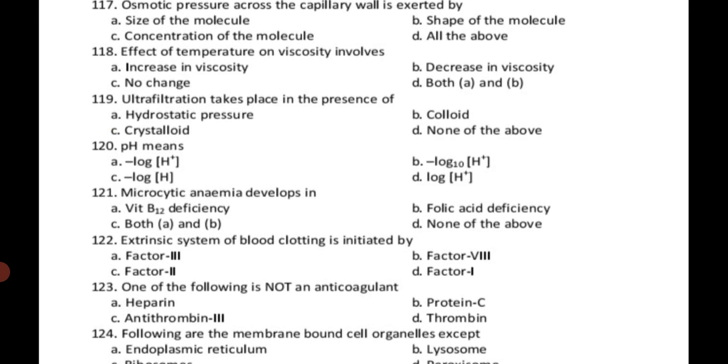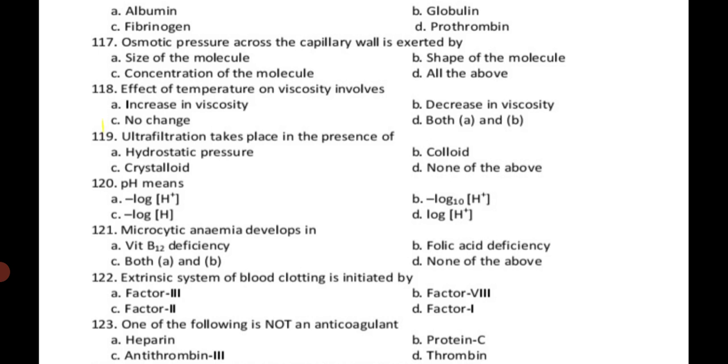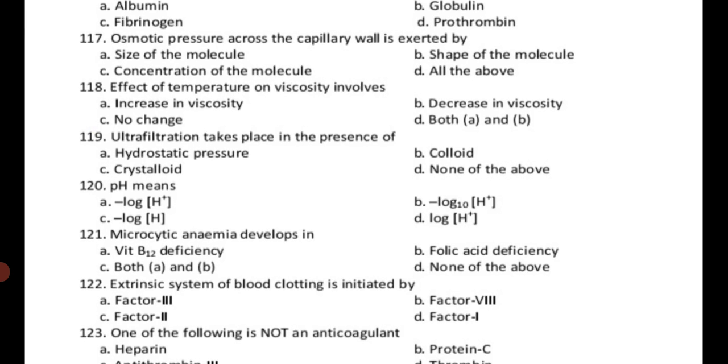Then question number 117. Osmotic pressure across the capillary wall is exerted by. It is exerted by the concentration of a molecule. Option C is the answer of this question.